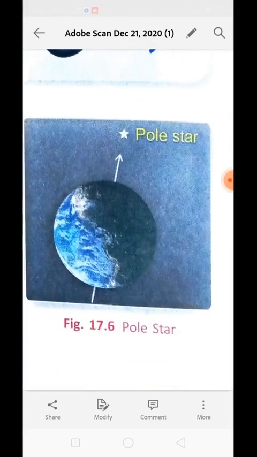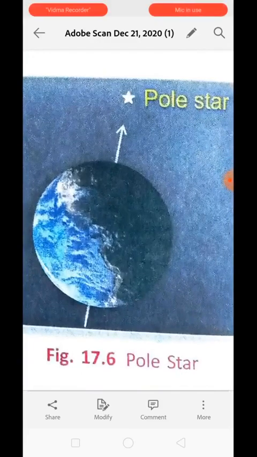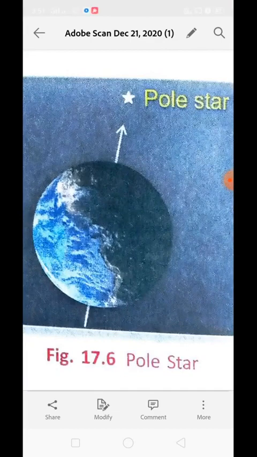Just see, the arrow is showing the axis of rotation of the earth, and the pole star is present just in the straight line of the axis. So whenever the earth rotates, all the stars appear to be moving except the pole star, just because of its location. Understood? All the stars are at rest at their fixed points, but they still appear to be moving because our earth is moving.